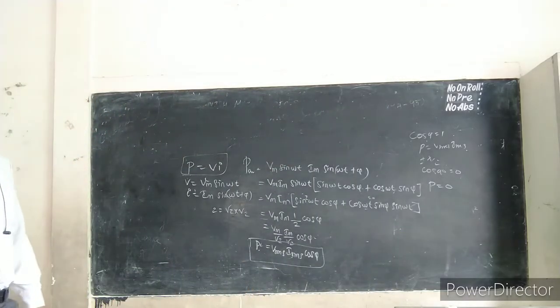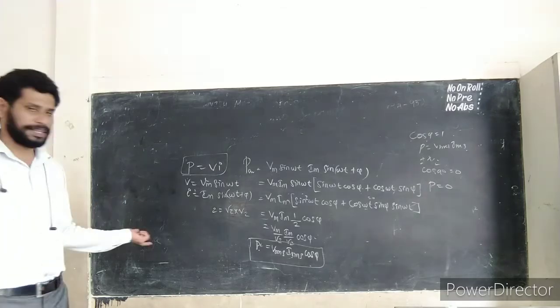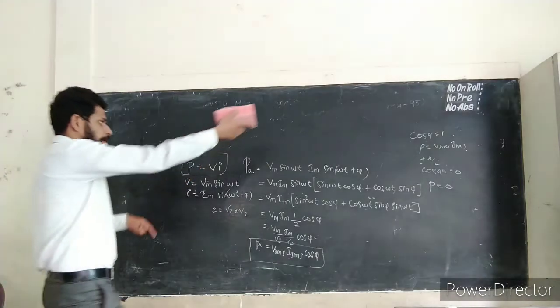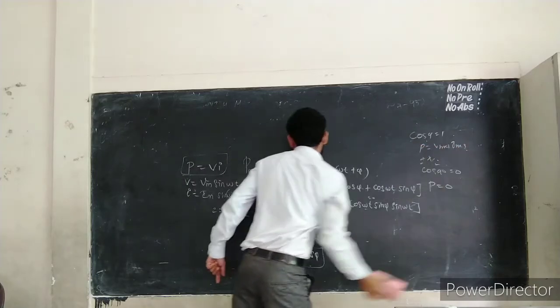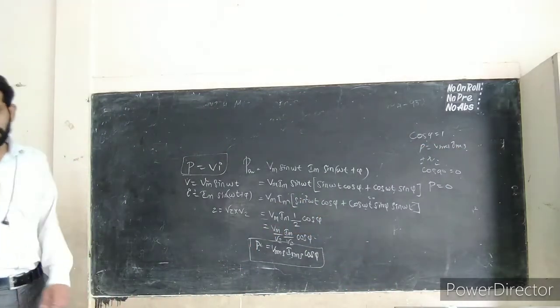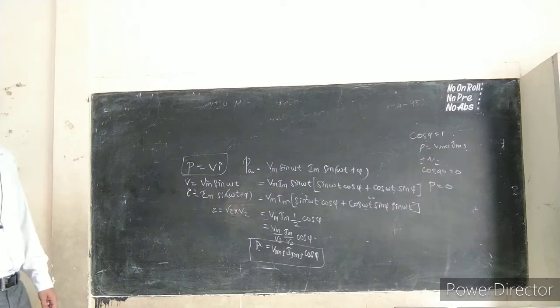In the case of XL equal to XC in the RLC circuit, when there is no phase angle, then P equals Vrms Irms. Otherwise, there must be a phase angle, so Vrms Irms cos phi.